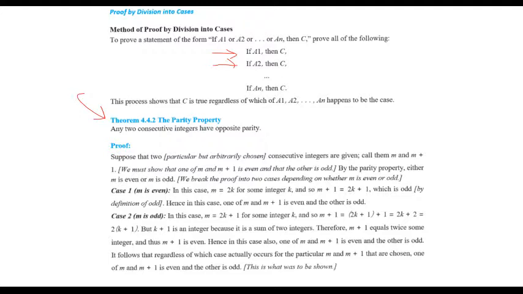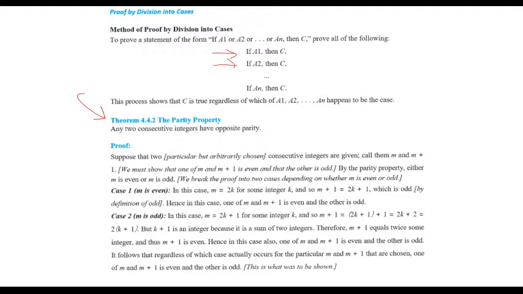Since the integers are consecutive, if one of them is m, the next one should be m plus 1, right? And what we need to show is that if m is even, then m plus 1 must be odd, and if m plus 1 is even, then m must be odd, because they should have opposite parity, right? So we must show that one of m and m plus 1 is even and the other one is odd, right?